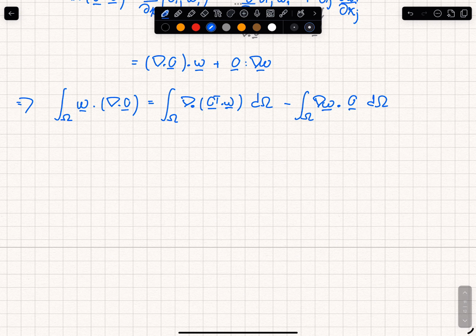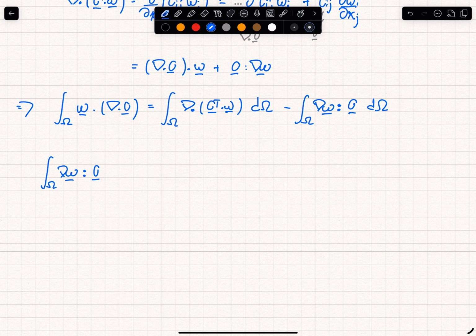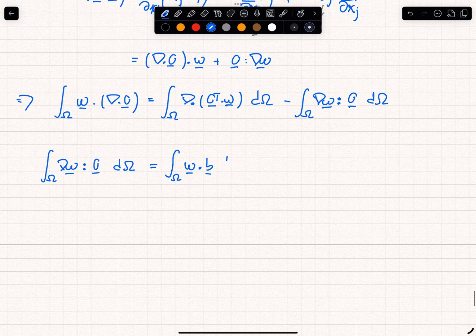And so now we're going to have, this term as usual does not change, so it's basically the dot product between the test function and our body force. And then we're going to have, as we had a few minutes ago in the heat conduction, that term that involves the divergence of some quantity. And that quantity is sigma transpose operating on W.